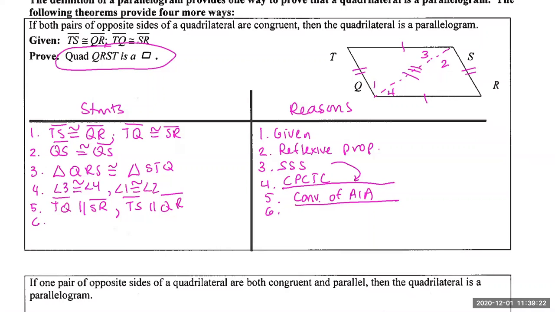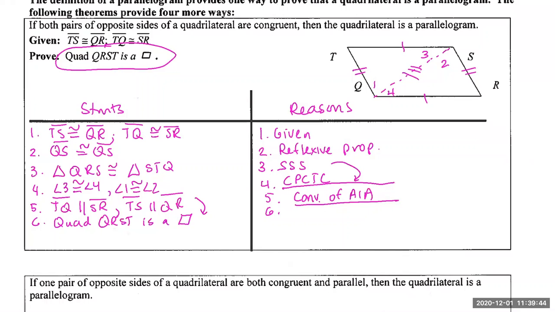Okay. So since the lines are parallel, now I can conclude that the quadrilateral QRST is a parallelogram. Why do you think it might be a parallelogram if in the step before that you had that the lines were parallel? What do you guys think? Is it yes?